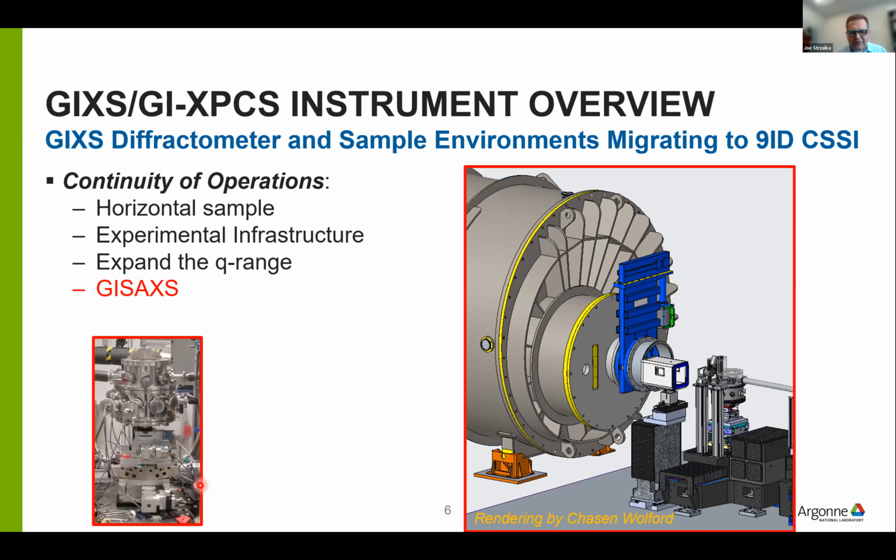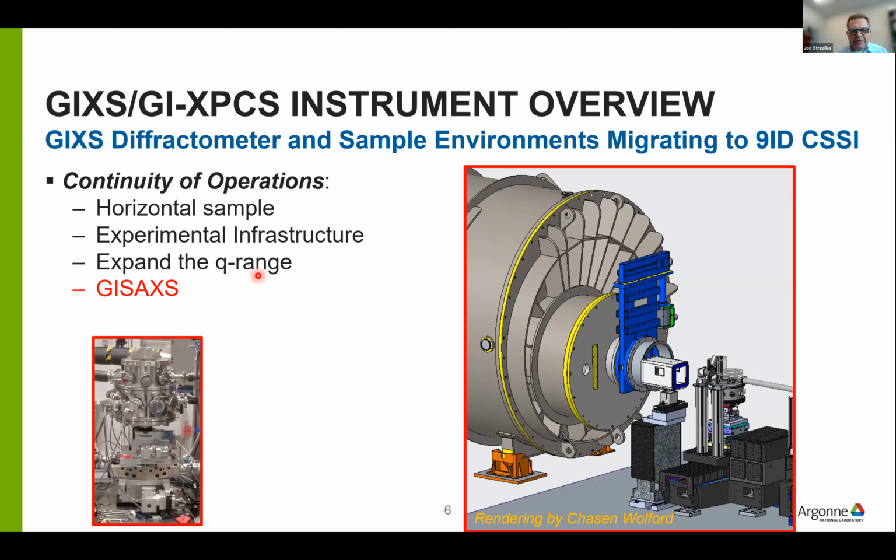We'll continue to have the sample positioned horizontally with respect to the lab frame. We're going to be retaining the experimental infrastructure. So this versatile vacuum chamber was the result of a very successful PUP investment from Paul Neely and Wei Chen and their group, and has benefited the vast majority of users since about 2015.